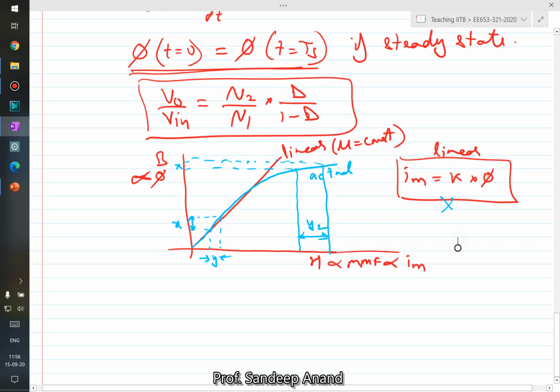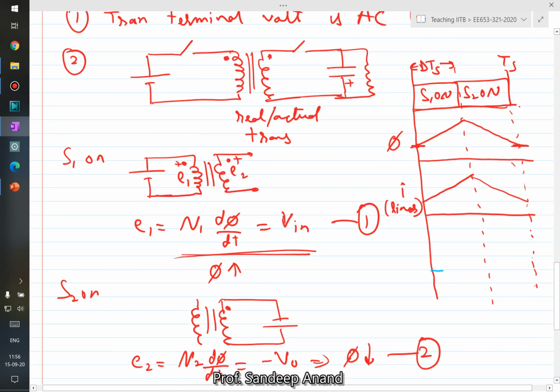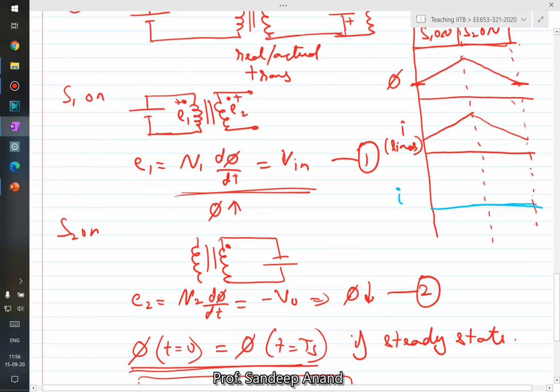Using this basic principle, I can draw my current waveform. In the beginning my current is increasing linearly, but as the flux value goes from a lower value to a higher value, the proportionality becomes more and the current drawn becomes higher.